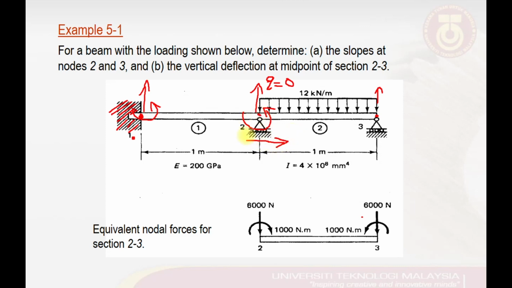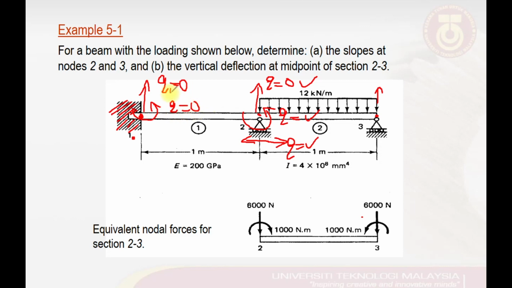So we may have translations in this direction, but we are not interested in the translations in the horizontal direction. We are just interested in the vertical direction. So Q will be equal to 0. This Q will have a value. This Q will be equal to 0, and this Q equal to 0 as well.